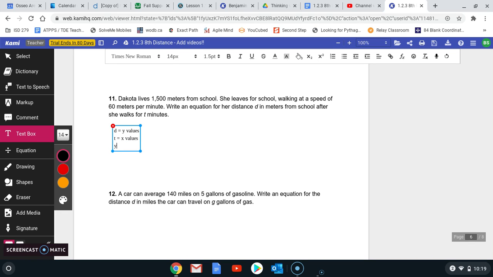Again, you're writing this in y equals mx plus b. So figure out what her slope is or what her rate of change is, and then figure out where she started from.